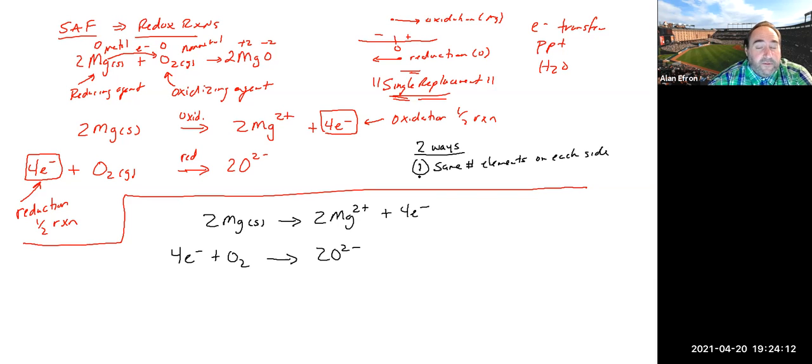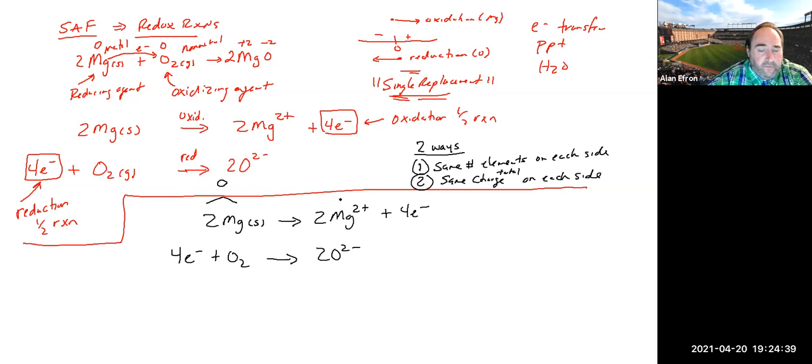The other really important thing, especially with redox reactions, is that you have the same total charge on each side. So what do I mean by that? If I look at the left-hand side of the magnesium half reaction, the overall charge is 0, right? Magnesium has no charge in this situation.